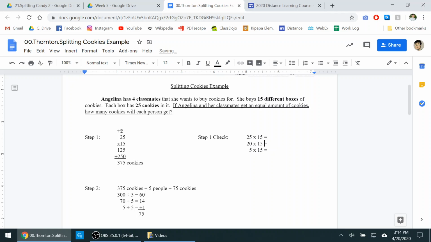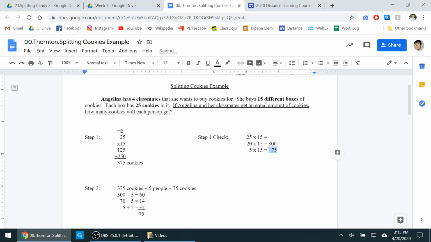Okay, when it comes to 20 times 15, I know that 2 times 15 is 30, so 20 times 15 must be 300. Now, when we do 5 times 15, 5 times 5 is 25. We'll take this 2 and carry it over. 5 times 1 is 5, plus the 2 that we carried over is 7, so 75.